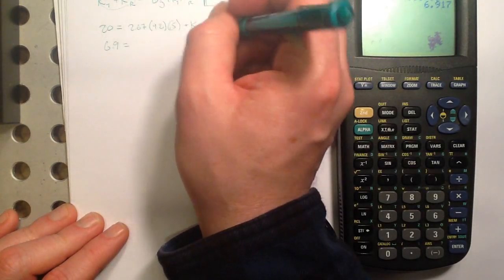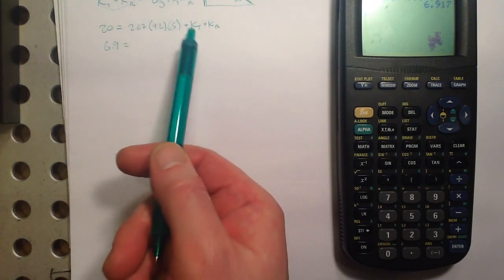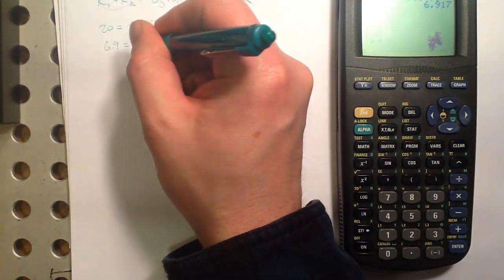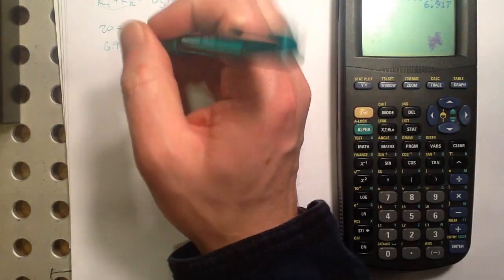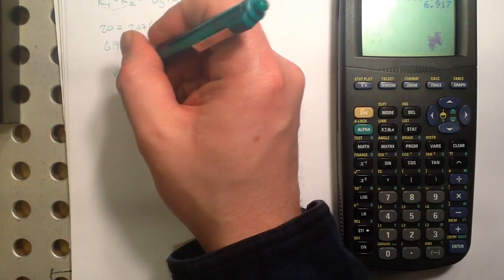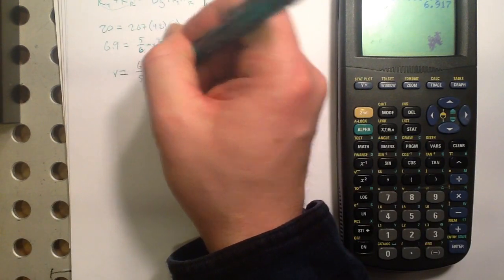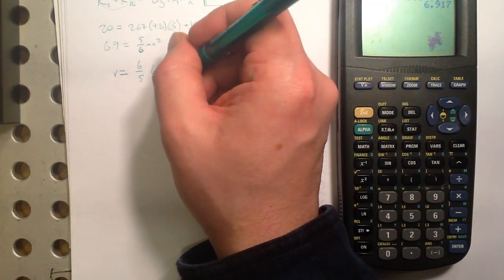And then the sum of those two. But remember from the work that we did earlier that this is 1/2 mv squared and this is 1/3 mv squared, and when we add those together we get 5/6 mv squared. So V squared is equal to 6/5 times 6.9 divided by the mass.